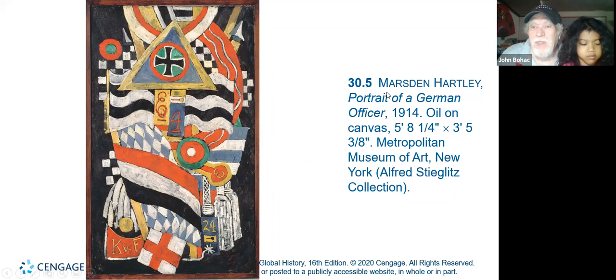But here's another American, and it's a portrait of a German officer. And it's basically a design. It's got a lot of symbols, a lot of military colors, a lot of military shapes, flag, obviously the German Iron Cross, and so on.